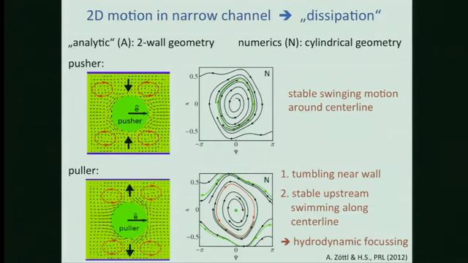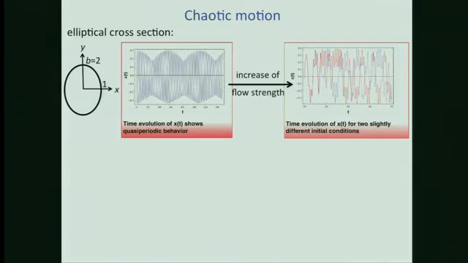You can go on with the system. We heard a little bit about chaotic or nearly chaotic motion. So here you have a system which very easily becomes chaotic. What you need is an elliptical cross-section here. This is for the x-coordinate, that's a quasi-periodic behavior, which you see.